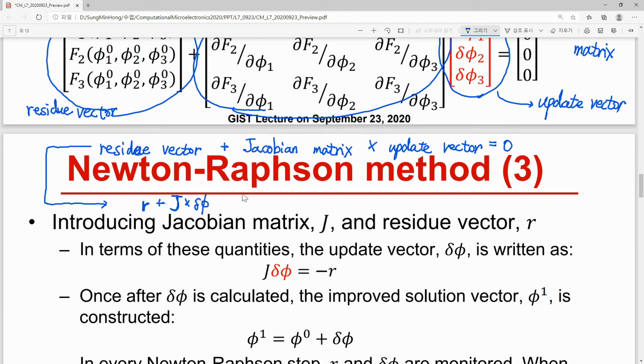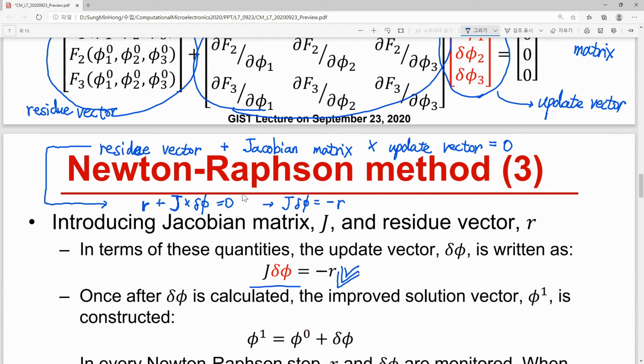Okay, now it becomes J times delta phi should be minus R, as shown here.